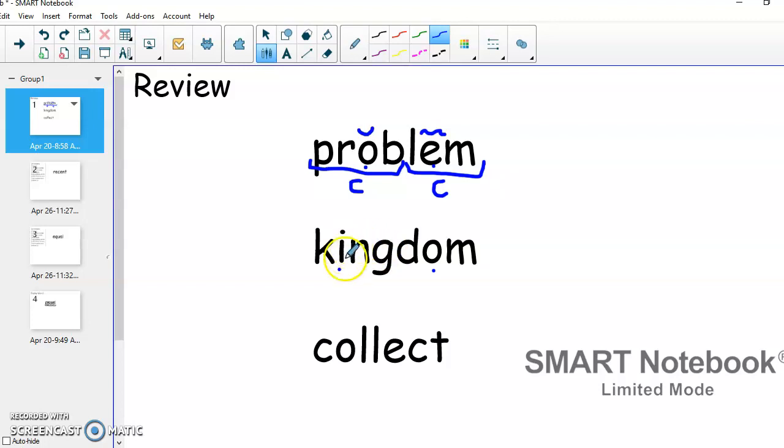So because we have NG and many more words than we have G and D, we want to keep N and G together. So first syllable here, second syllable here. Notice that both of my vowels are safe in the middle. They have letters after them. So they're both going to be closed syllables.